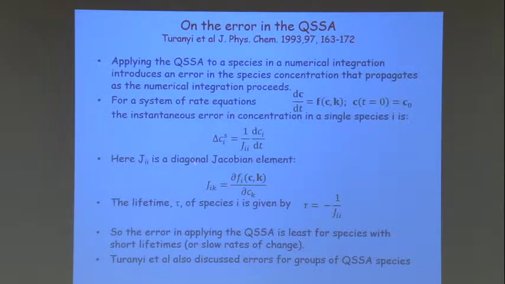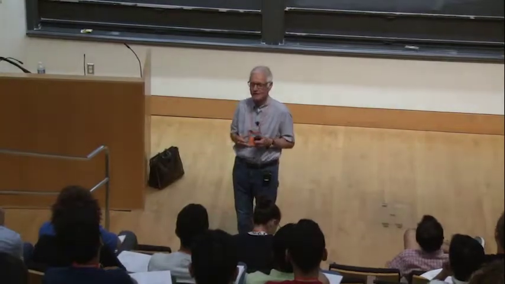And that error depends upon dc by dt, but it also depends upon 1 over Jii, where that's the diagonal Jacobian element, which is defined in this way. And Jii is basically the lifetime of that species. So if this lifetime is very, very small, then the error in the steady-state approximation is small. So you can apply it to species which are reacting very, very quickly on timescales which are short compared with the overall timescales of the reaction.